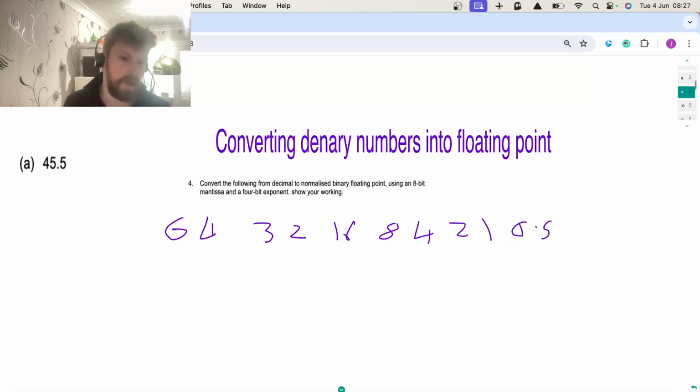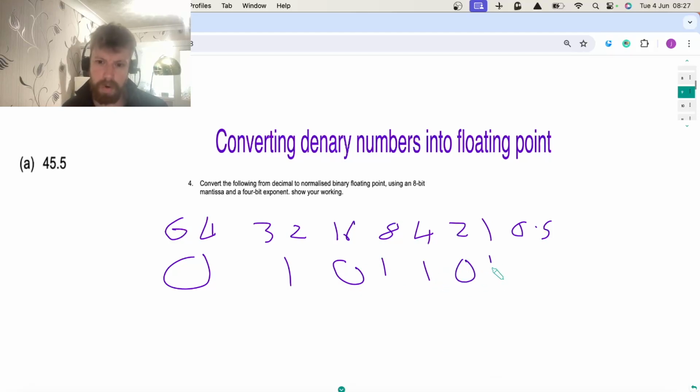Okay, and then I just convert 45 like so. So I'm going to go 0, 1. I've got 13 to make up there, so that's going to be 0, 1, and then 1, 0, 1. So that's 45, and then the 0.5 is going to just be there. Decimal point is here. So that's the first stage, which is to convert it into fixed point binary.